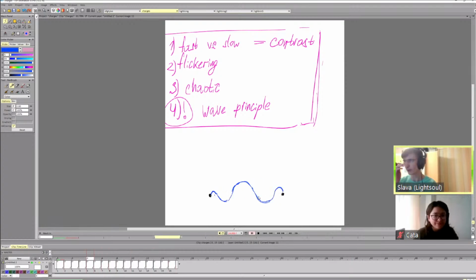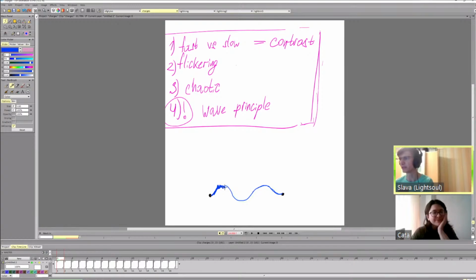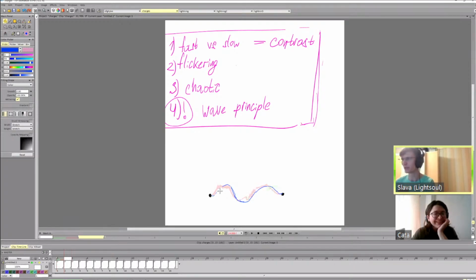And now let's truly make it chaotic. So electricity is rarely this perfectly round or anything like that. So let's keep this base shape, but let's add some stuff on top. So what kind of shapes do we imagine when we think about electricity? It's something like chaotic, rough, maybe pointy shapes.